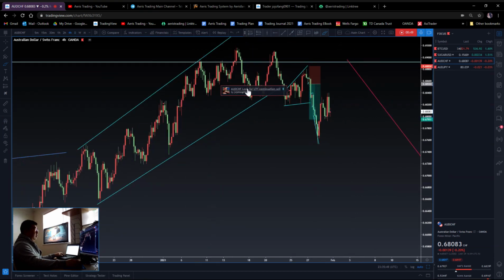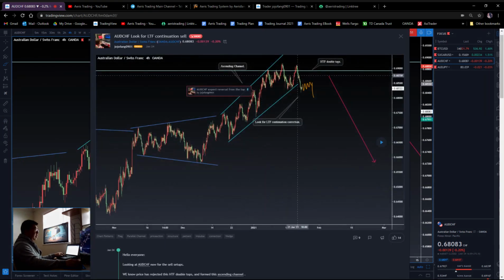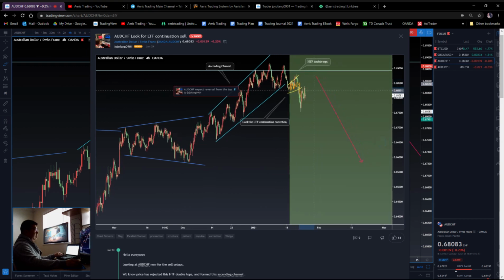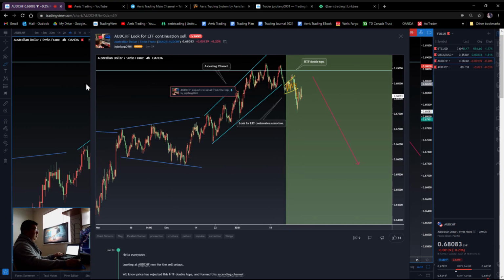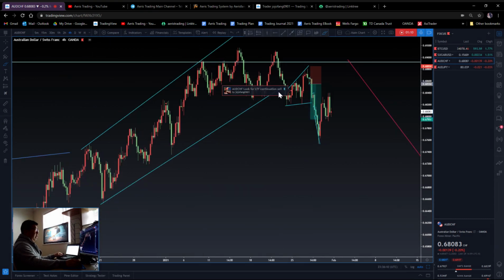So going down to the lower time frame here, we talked about that when this ascending channel completes, and we have this sharp move to the outside, we're waiting for some sort of continuation, some sort of correction to develop here. We wouldn't know how big or how long, but we want to wait for some sort of structure to develop. That's going to give you a potential short entry and to look to capitalize on it.